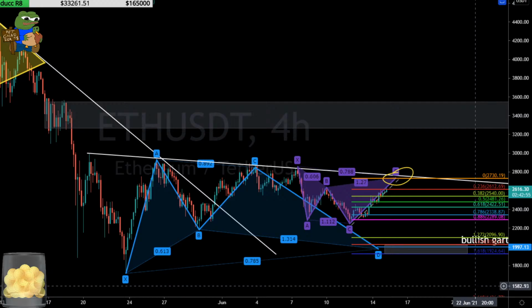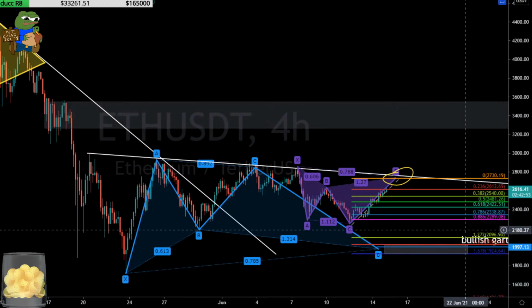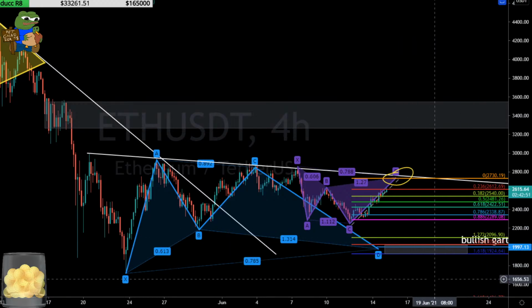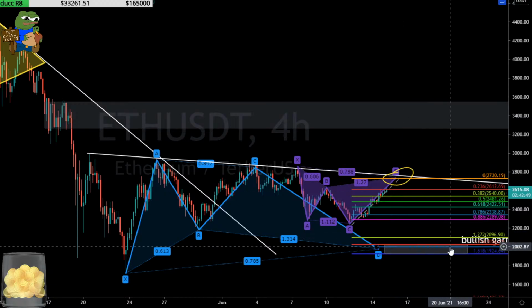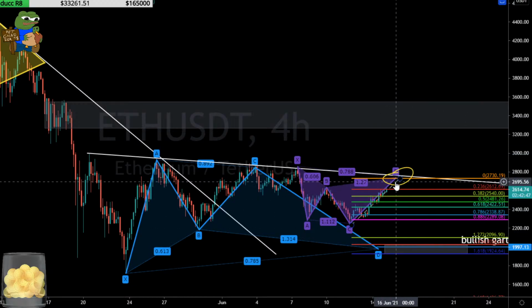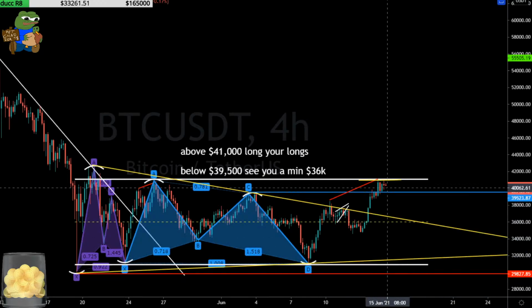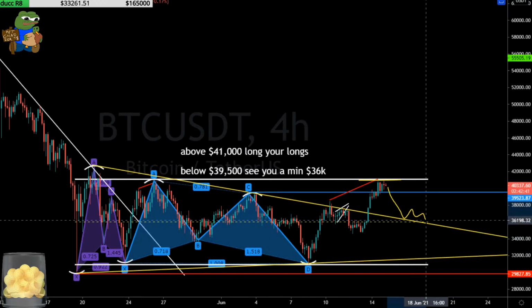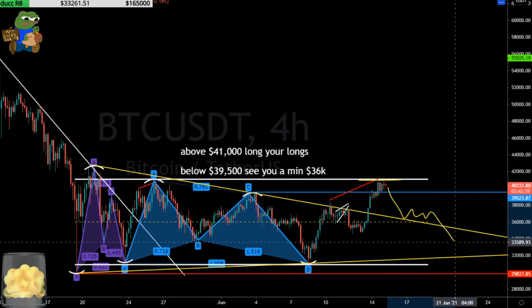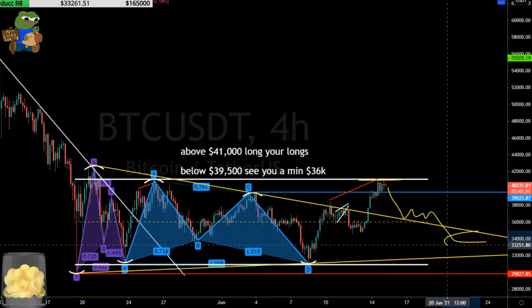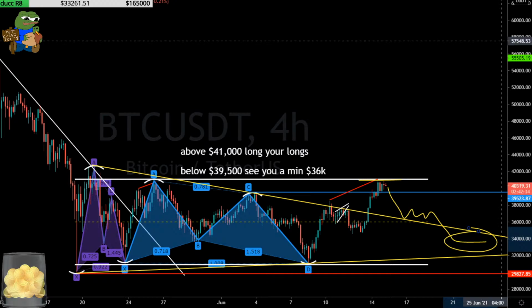If we reject, that's that 2K area that we keep wanting. I don't know if we'll get all the way there, but for us to get to 2K, Bitcoin would do this thing and go one more and hit the 33. That's ETH at 2K. Make sense?